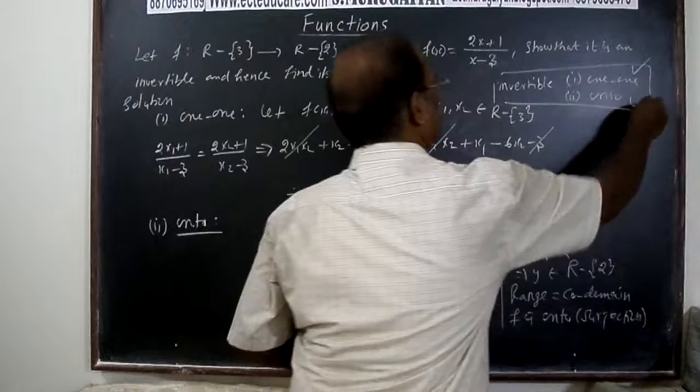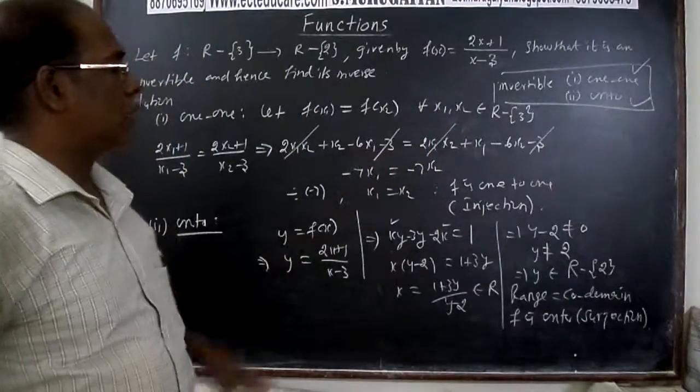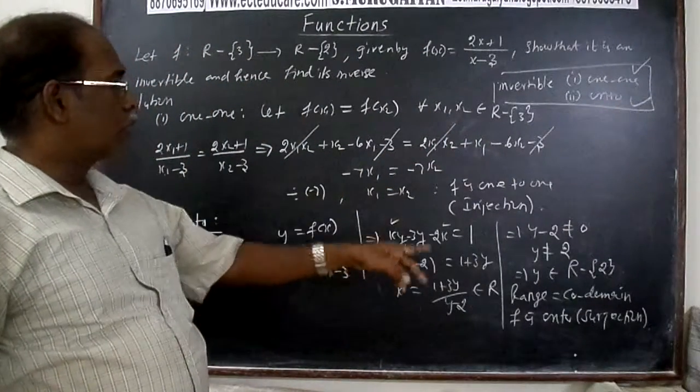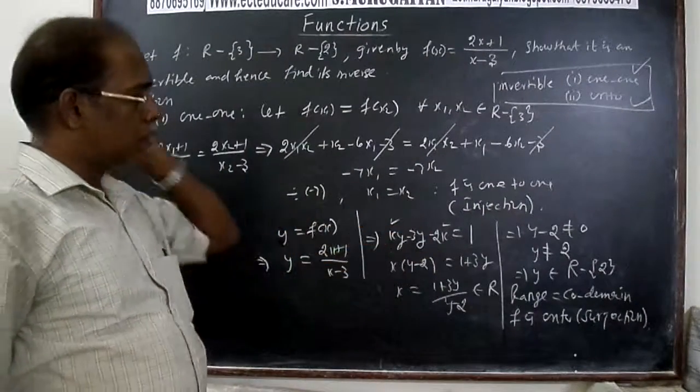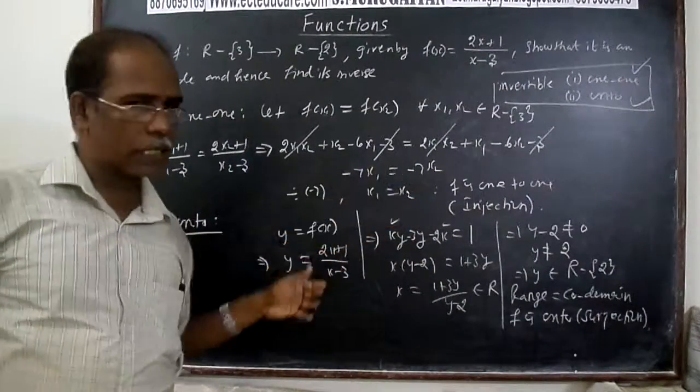So we have concluded the function is one-to-one as well as onto, meaning we can say this is bijective as well as invertible. Just go through it.